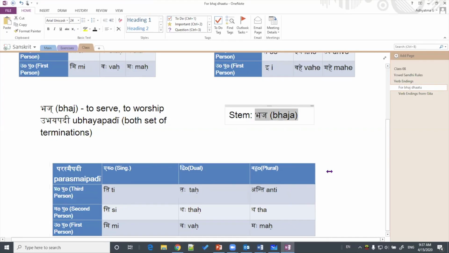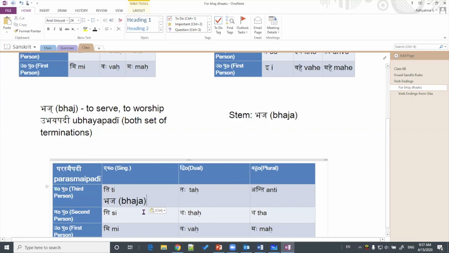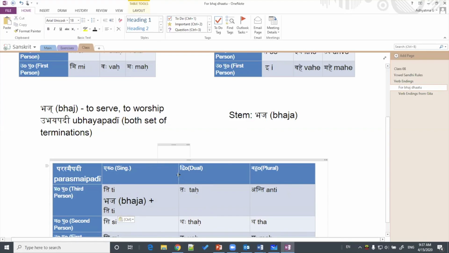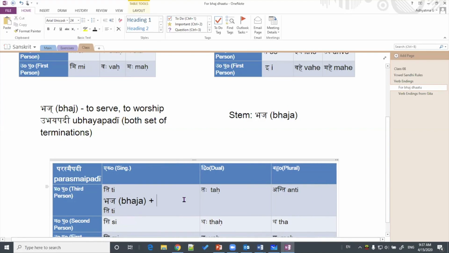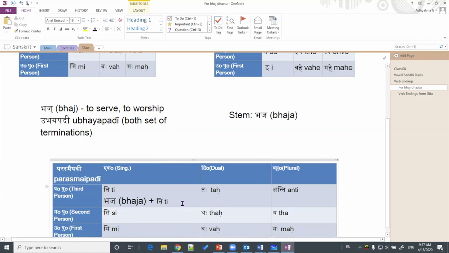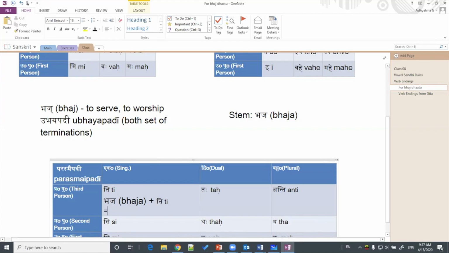I'll basically do stem plus ending, and the ending is T, and that becomes bhajati. It's actually very simple. Bhajati.